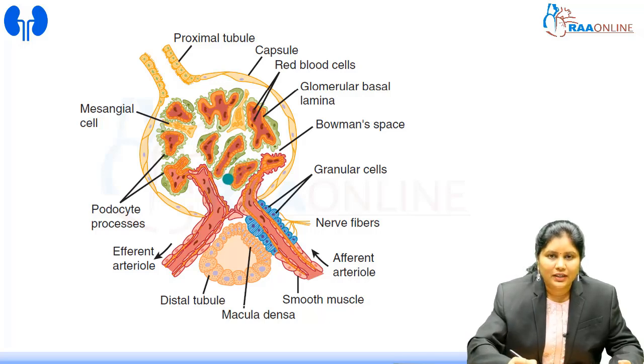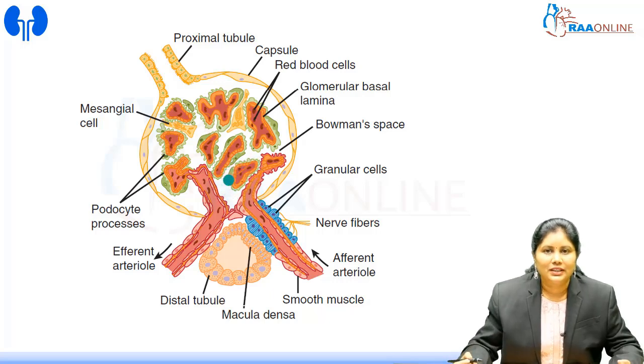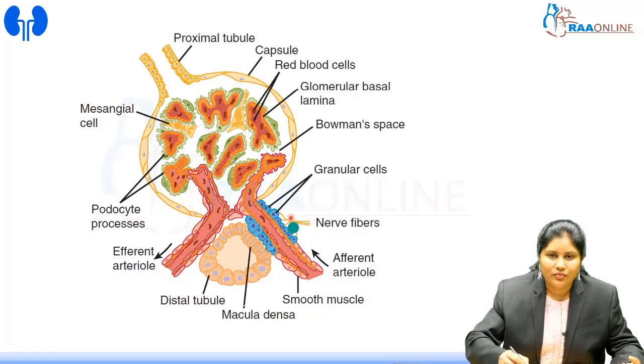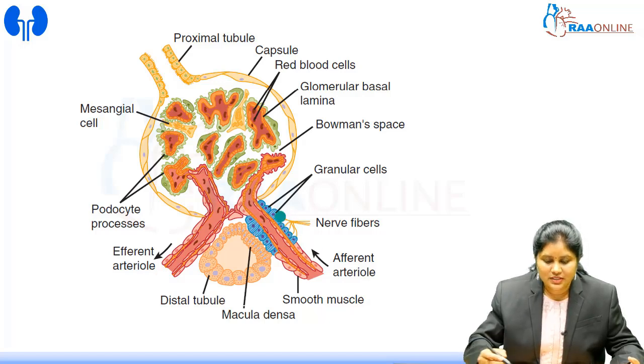You can see the green color cells surrounding the capillaries. These are the podocytes. Podocytes wrap around the capillaries with the help of their processes, the podocyte foot processes. Other than that, you can see the afferent arteriole here and the efferent arteriole, and the specialized cells of the afferent arteriole, that is the juxtaglomerular cells.